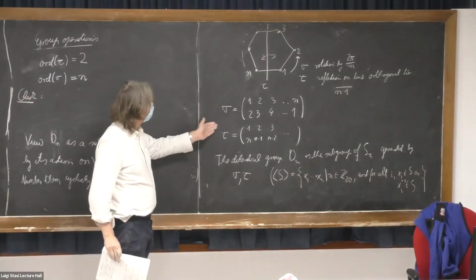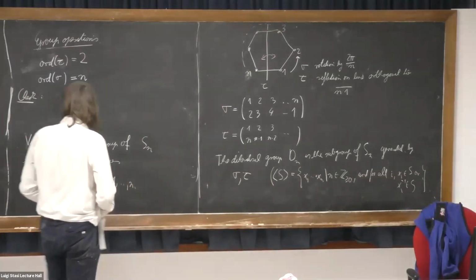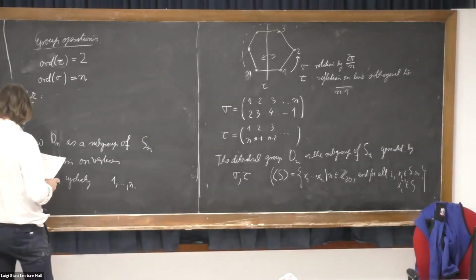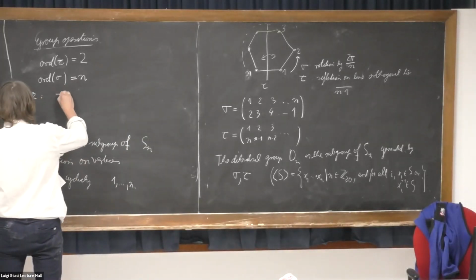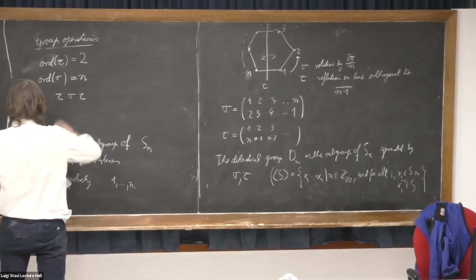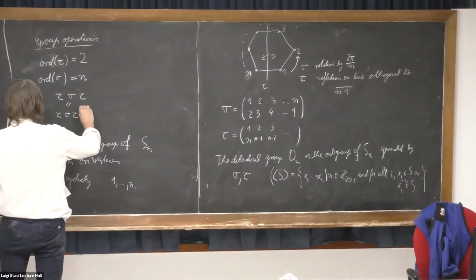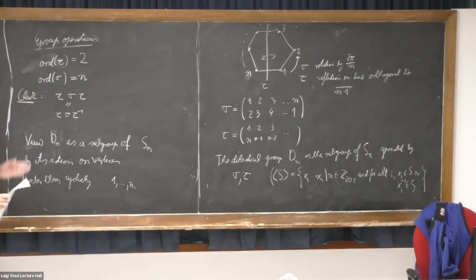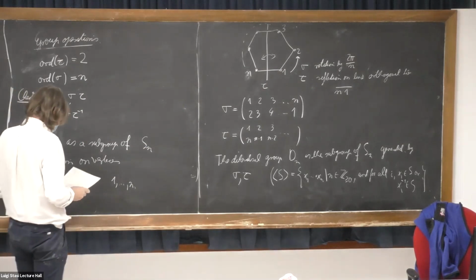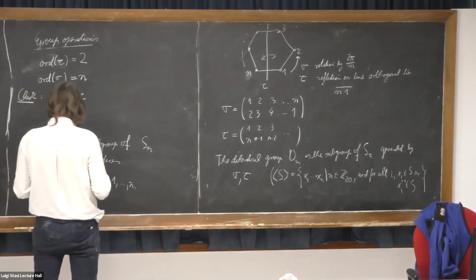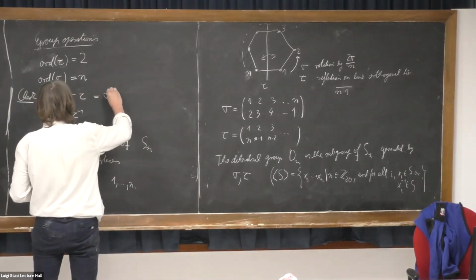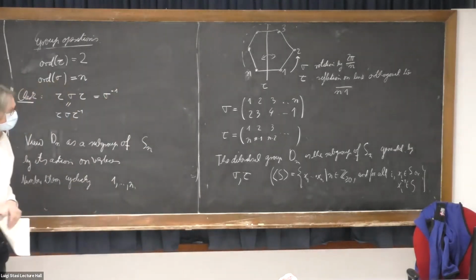Work this out with this description or intuitively from this. If I take tau, sigma, tau, which is after all the same as tau, sigma, tau to the minus 1, because tau squared is equal to 1, this is equal to sigma to the minus 1.